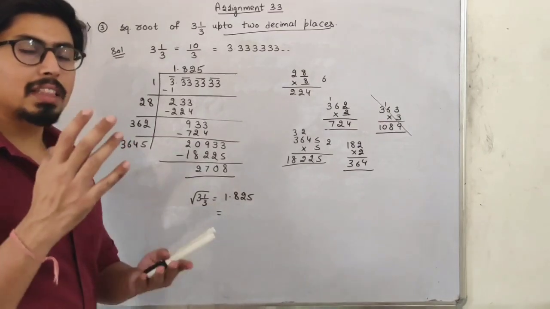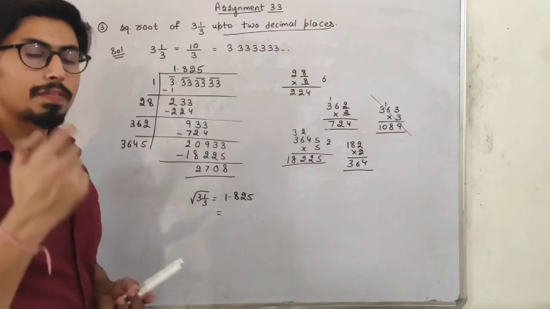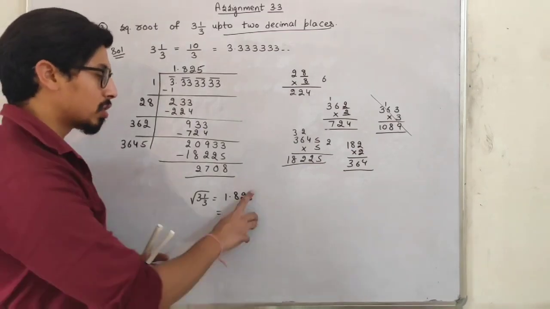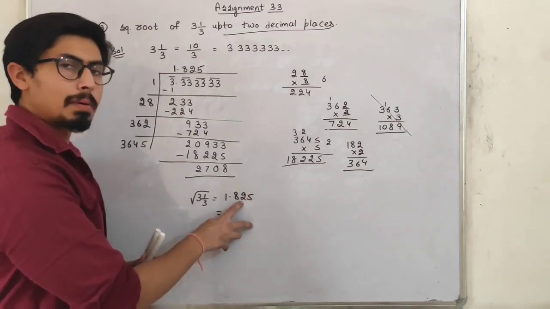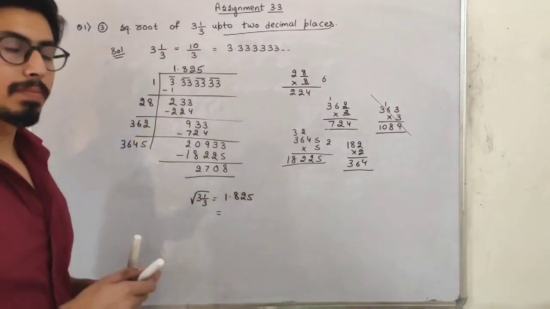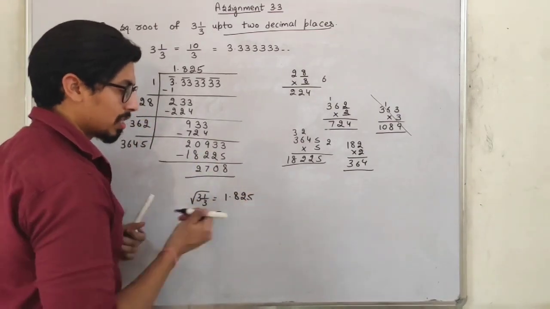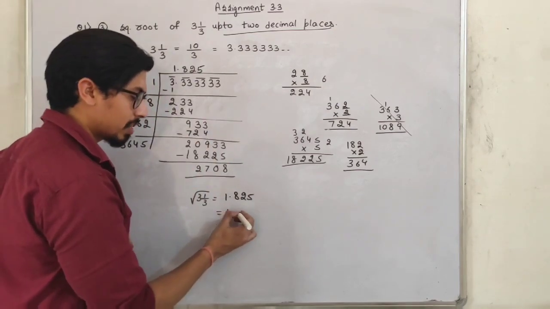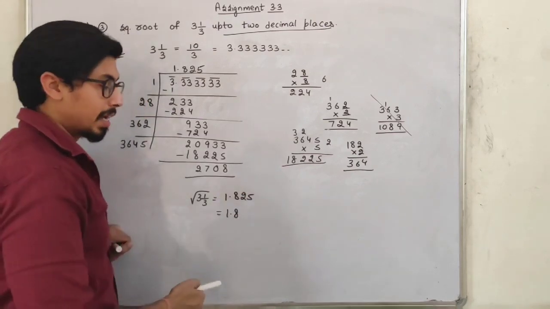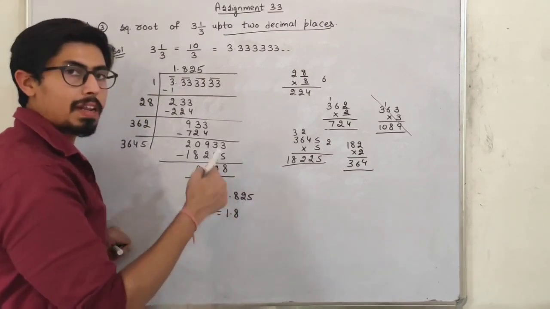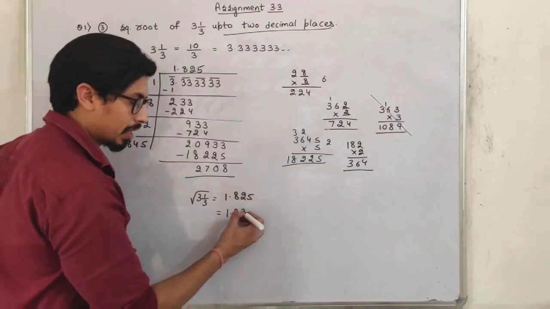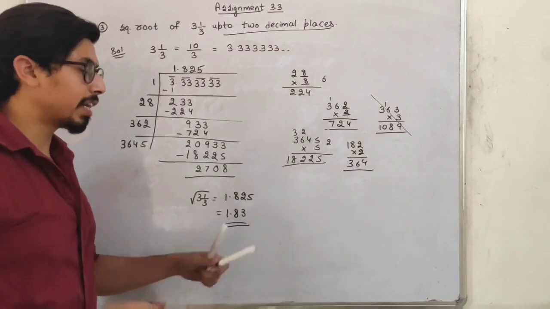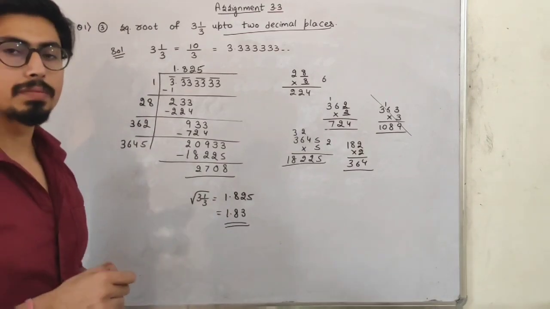If any digit after the decimal is 5 or any digit more than 5, then we remove that digit and the digit before it will be incremented. We have 5 here at the last place, so we remove this 5 and the number before it gets incremented. So it will be 183. After rounding off, we can write 1.825 as 1.83.